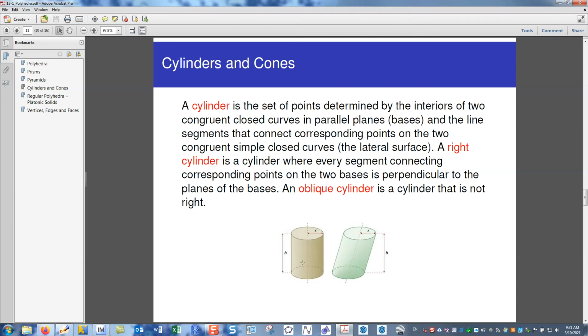So every point here to every point here has a line connecting it, and so we sort of think of all of those lines forming that lateral surface. And then of course they come in two flavors. There's the right cylinders and the oblique cylinders. So we have an example here on the left of a right circular cylinder, and the one on the right is an oblique circular cylinder.